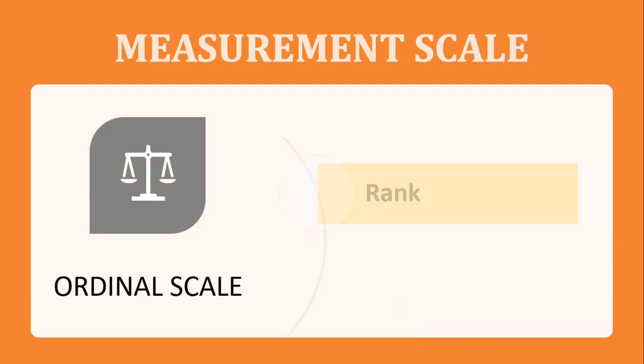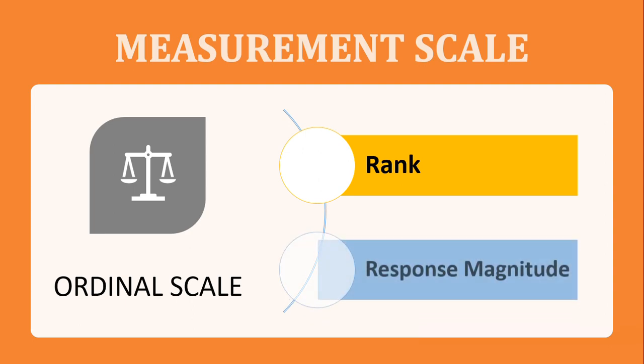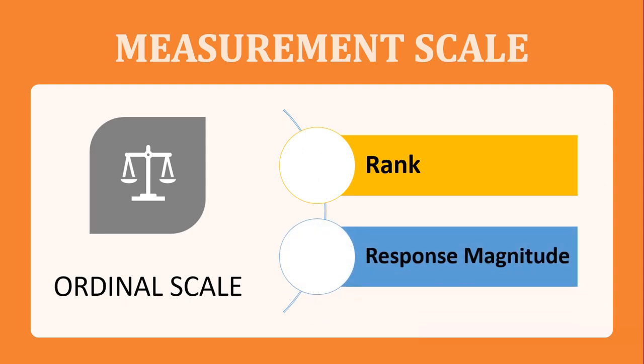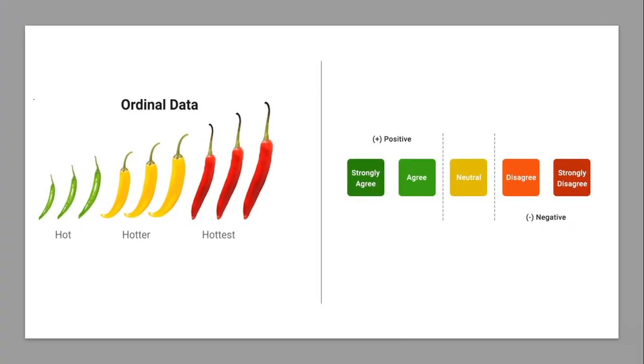Second is the ordinal scale variable, like rank and response magnitude. Response magnitude means we have a range of answers to a particular question. For example, in ordinal data, chilies may be hot, hotter, or hottest. So here we are trying to identify the magnitude of the response.